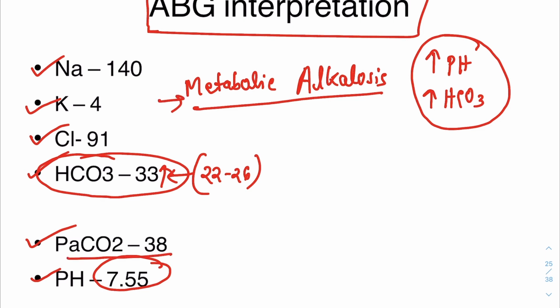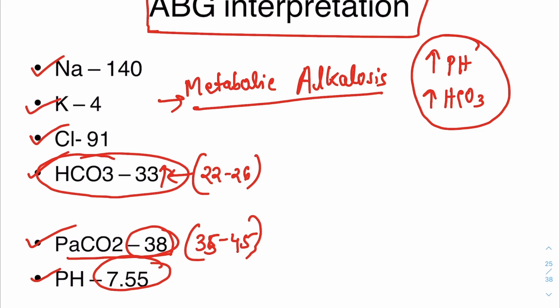How much is the PCO2? PCO2 is 38. We know the normal value of PCO2 is between 35 to 45. So here, if there was compensation, then PCO2 would have risen. But there is no rise in PCO2. So in this, we can think of a mixed acid-base disorder.